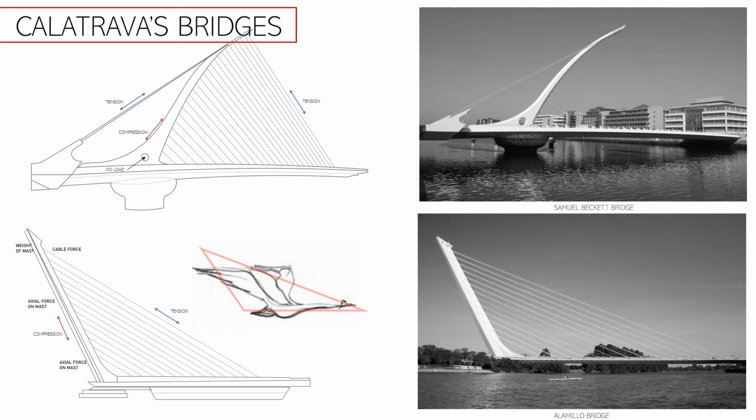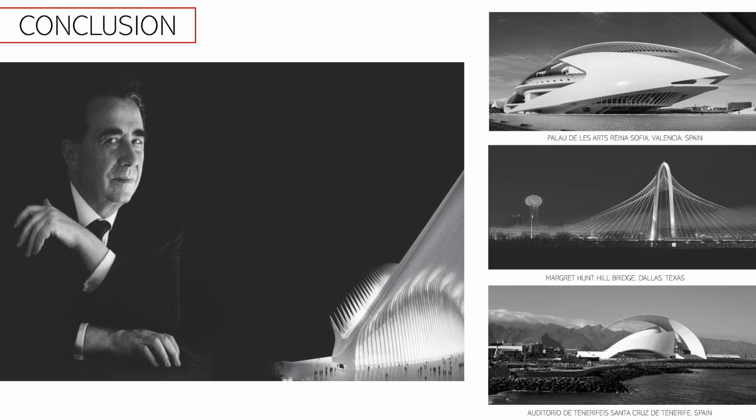This allowed for the bridge to maintain its light and ethereal quality. The Samuel Beckett Bridge on the top is designed in a similar way, which allows the rotating structure of the cable-stayed bridge to move with the appearance of effortlessness, while the complex engineering system Calatrava designed works in the background to keep the bridge standing in elegance.